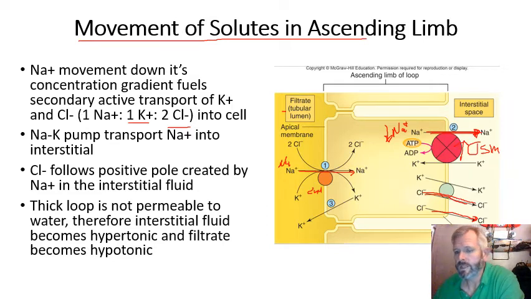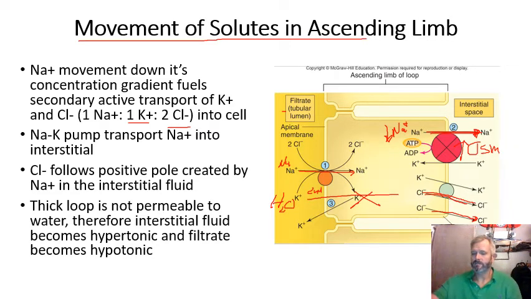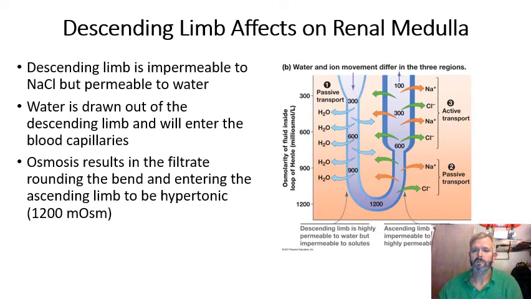Because solutes are being actively pushed out, but water cannot leave, and so water is not diluting this, so we're creating a higher osmolarity out in this interstitial fluid here. All right, so that is the one part. Here is the actively transporting.